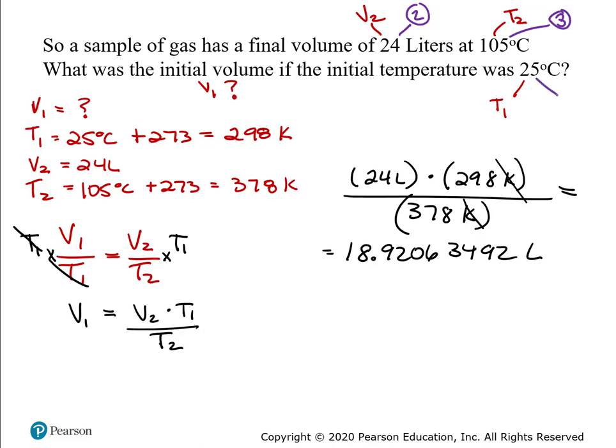And 25 has 2, so I know my answer has to be rounded to 2. Starting from the left in my answer, the first 2 numbers, the 1 and the 8, are my first 2 significant figures. The next number is a 9, so this will become a 19.